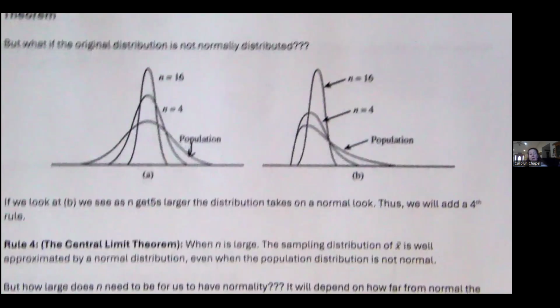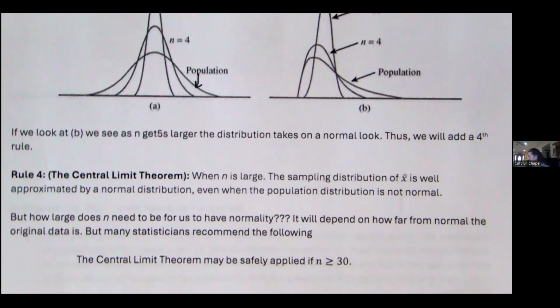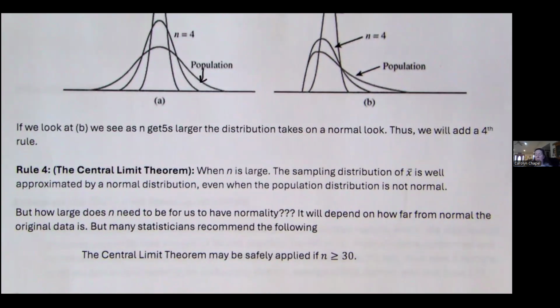So it turns out we have another rule, and this is a pretty powerful rule. Again, we are not going to prove it, but it is out there. It tells us that when n is large, the sampling distribution is well approximated by a normal distribution, even if the population wasn't normal to begin with.